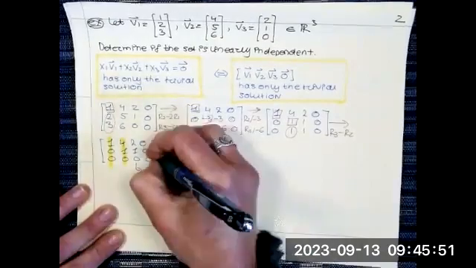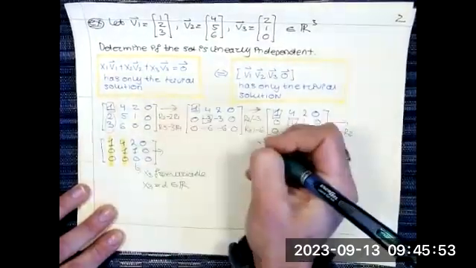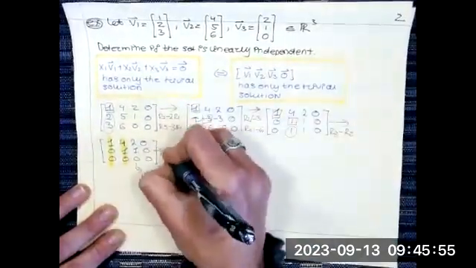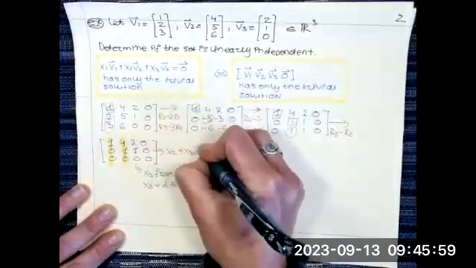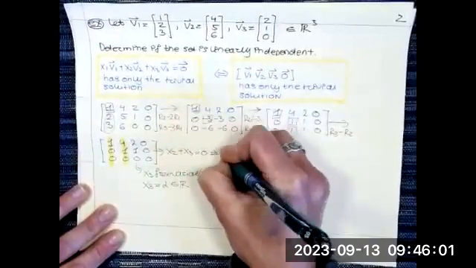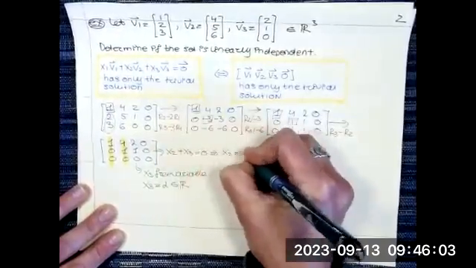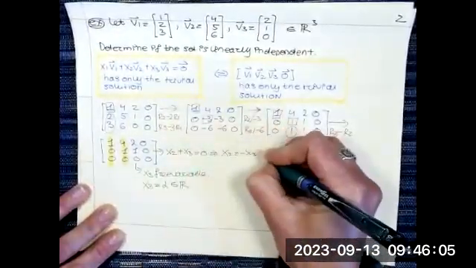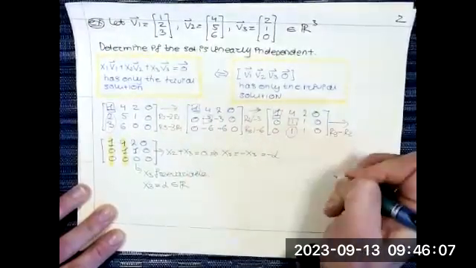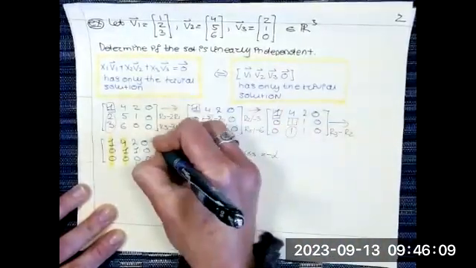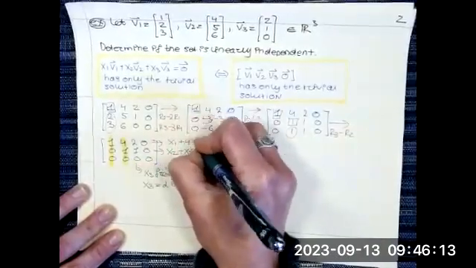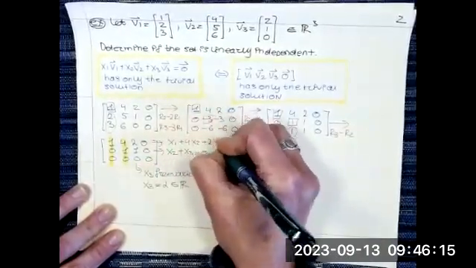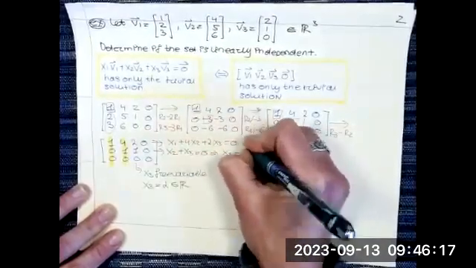Going to my other rows, in the second row I have x2 plus x3 equals 0, or x2 equals minus x3, and x3 is alpha, so x2 equals minus alpha. Going to my first row, I have x1 plus 4x2 plus 2x3 equals 0.